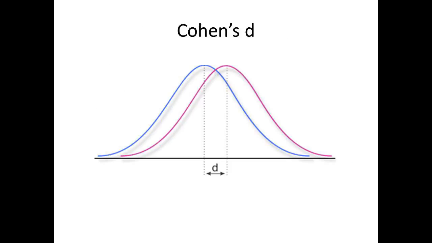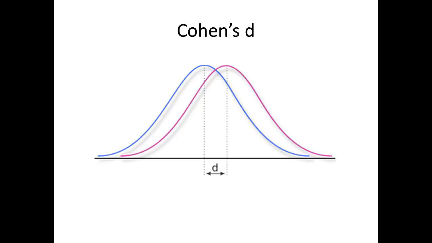Well, hopefully you remember that what statistical tests are doing is saying whether our sample came from the same population that would be indicated by the null hypothesis. If we're able to reject the null hypothesis, we're saying that our sample came from a different population. What d does is say how close those two populations would be. It's the difference in units of standard deviation between your two populations.